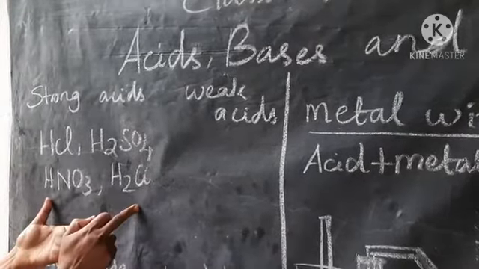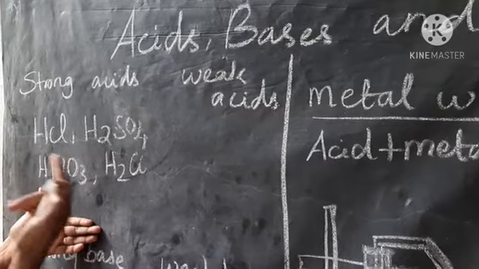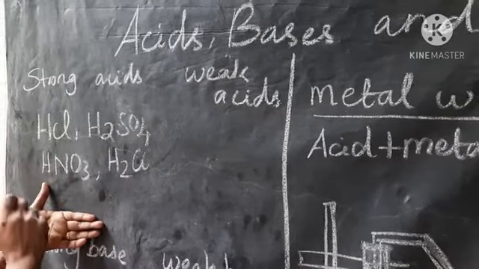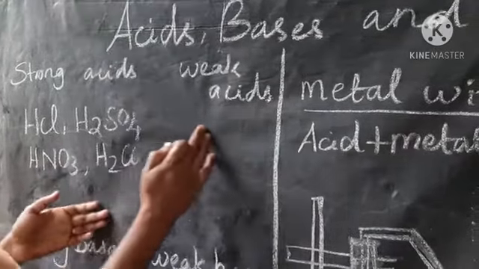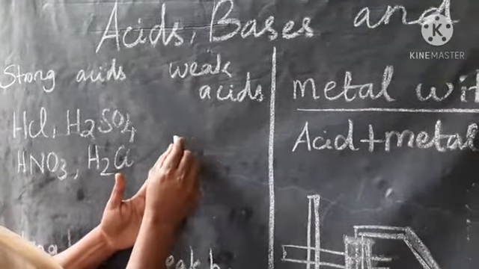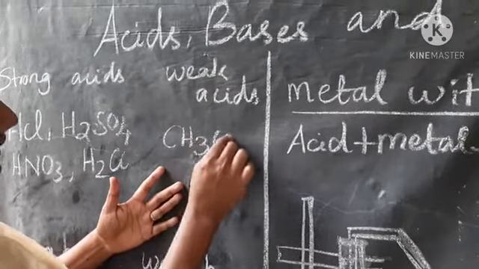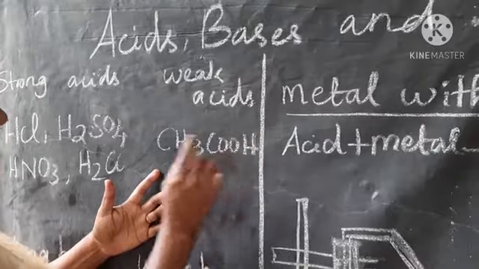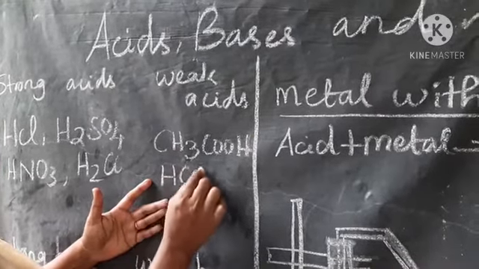Why are these strong acids? Because they completely ionize into H plus ions in water. What about weak acids? Weak acids, as I told you, acetic acid or formic acid. Acetic acid is none other than vinegar. Formula is CH3COOH, and formic acid is HCOOH.